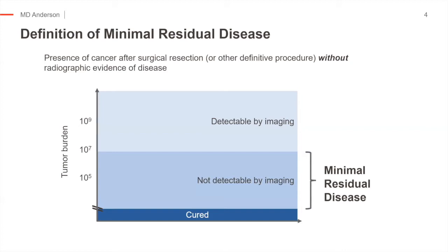Then at some point, there's zero tumor burden. There are little hash marks there where there are zero cells in the body, and that of course defines cure. So we think about this space below what we can detect, where there are cancer cells in the body, and we call that minimal residual disease. And that's key.